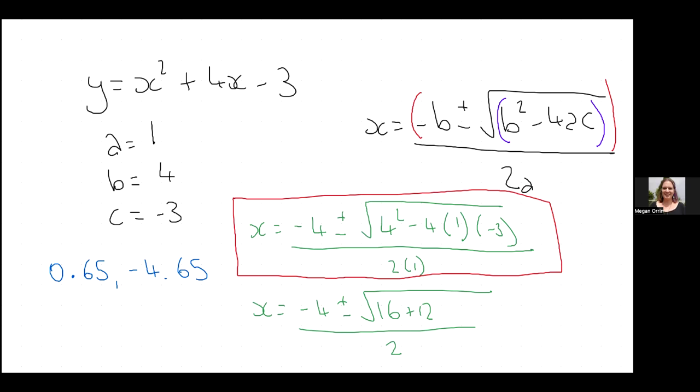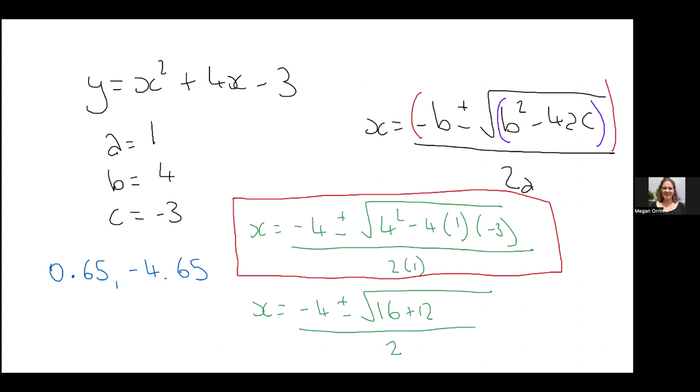So when I say x equals these two things, what does that mean? Does anyone know what it practically means? Some of you have referred to a graph, which is correct. What do you think, Harmon? Passes through what? The x-axis. Yeah, these are the x-intercepts.